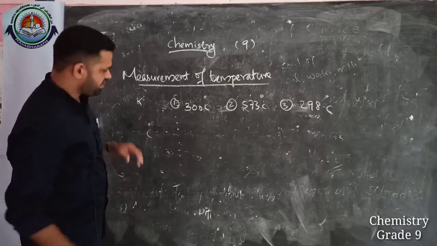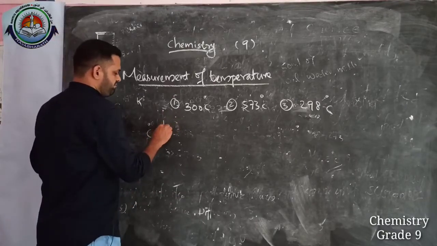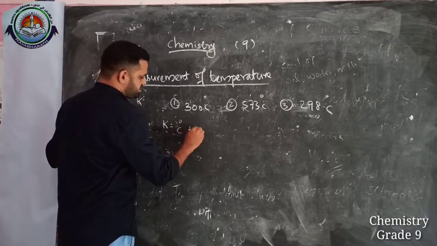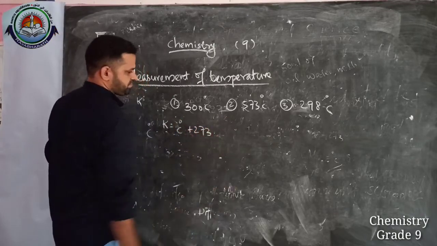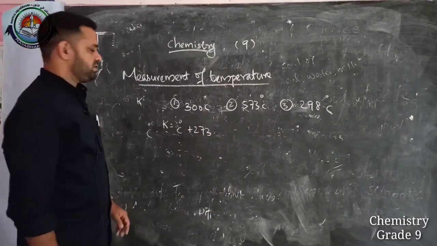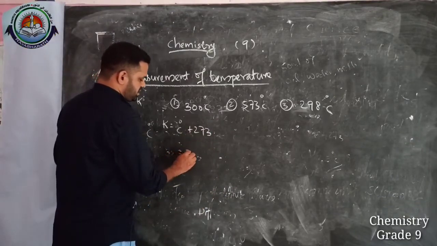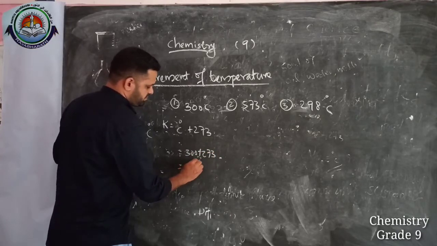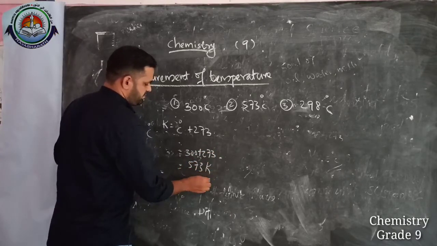So how can we convert into Kelvin scale? Kelvin scale K is equal to degree Celsius plus 273, isn't it? So 300 means 300 plus 273, that is equal to 573 Kelvin.